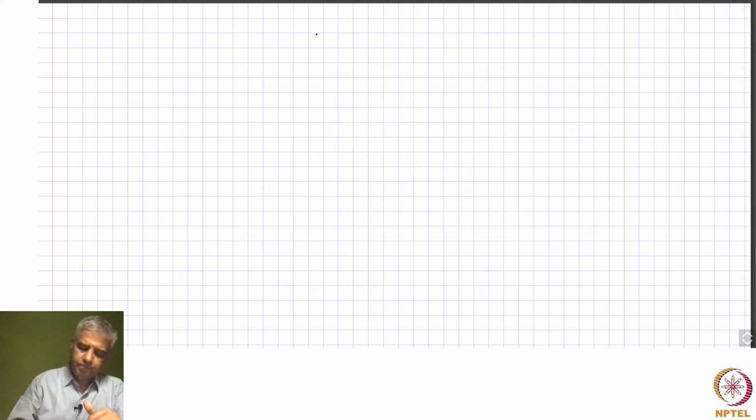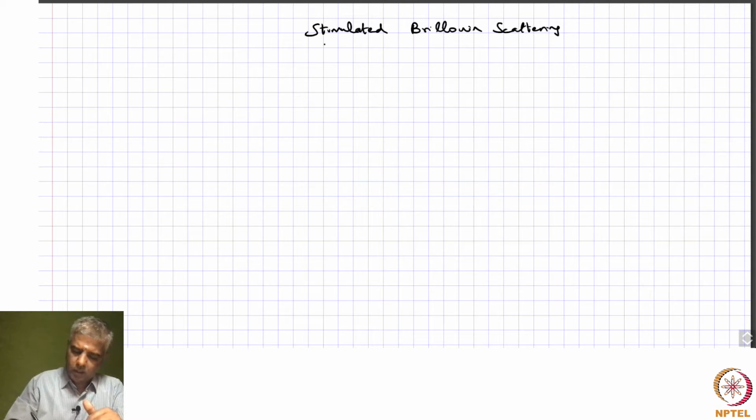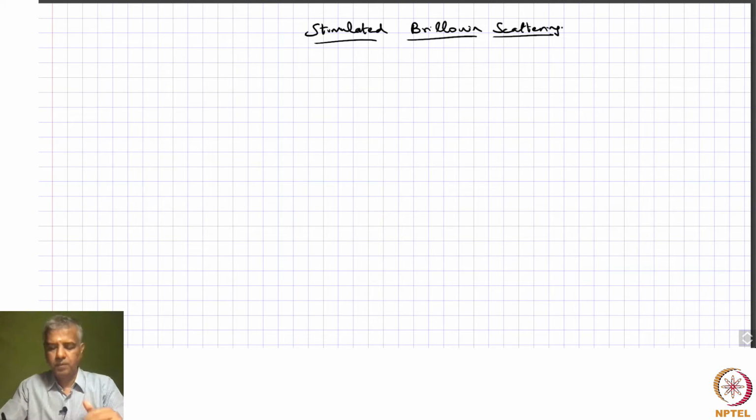Okay, so we're going to be talking about stimulated Brillouin scattering. Brillouin is the name of the person who observed this, more than 100 years ago. So the effect is named after him.